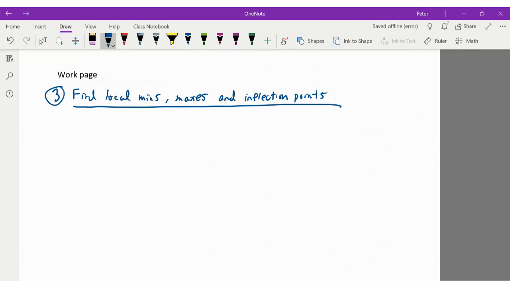So first of all, the x equals 0 and 1 are the critical numbers. So we want to determine if these are local mins, local maxes, or neither.